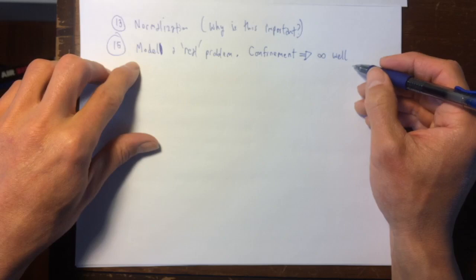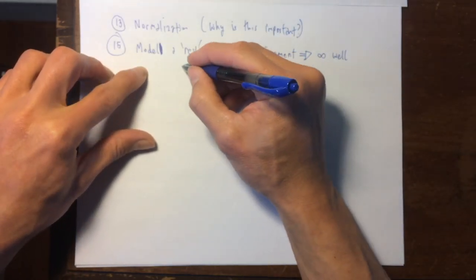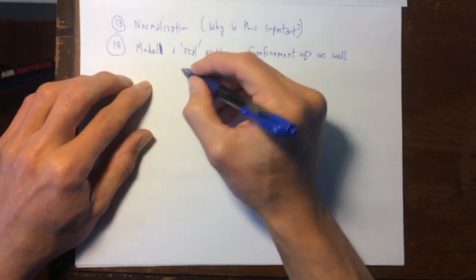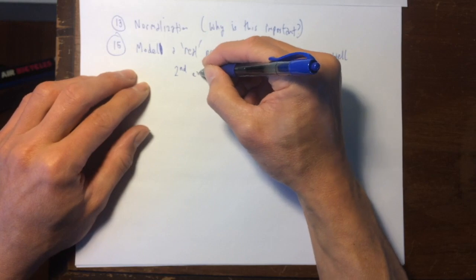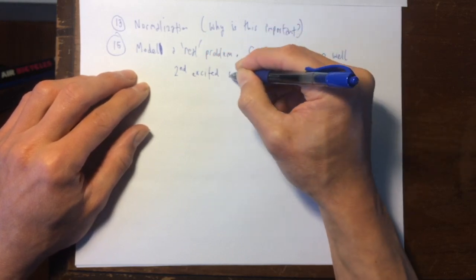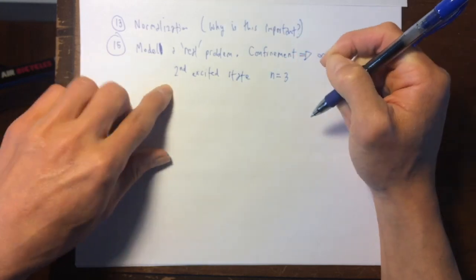Another interesting comment to make for number 15 is that it's really just some words essentially. So second excited state is n equals 3.